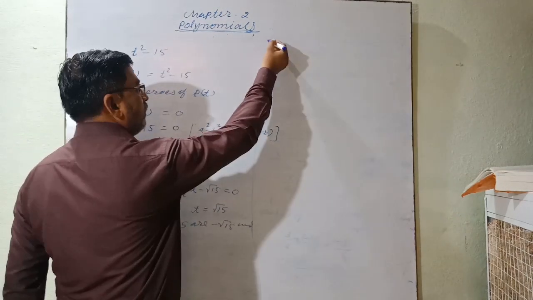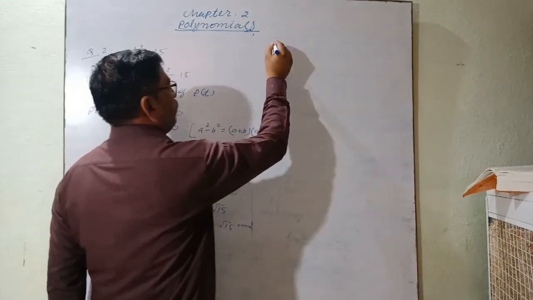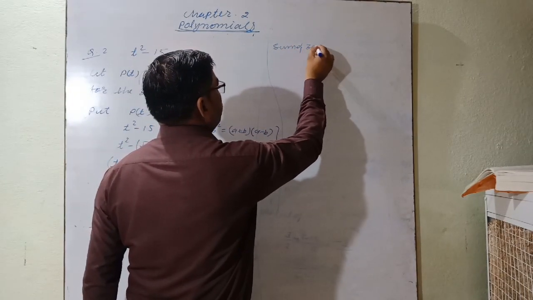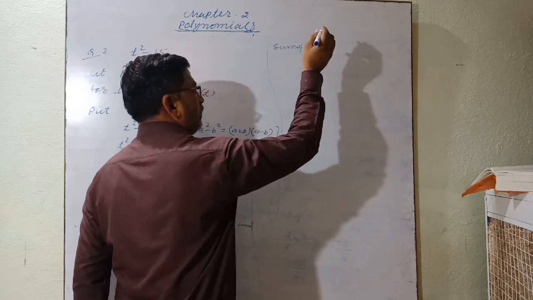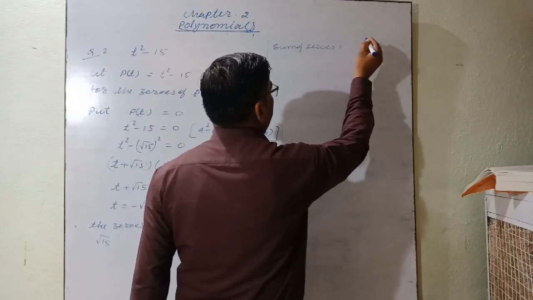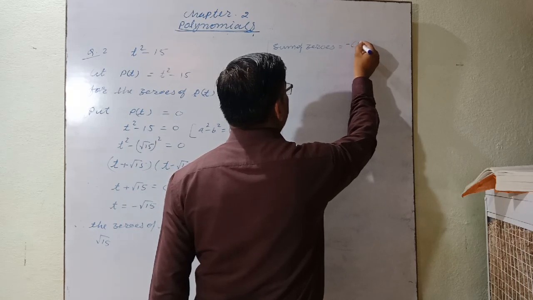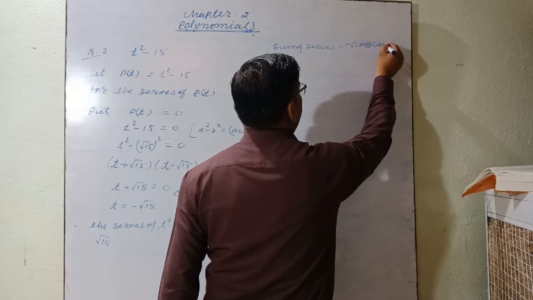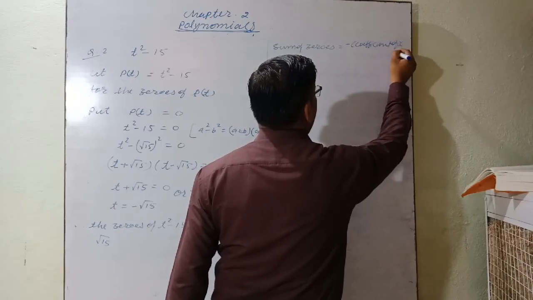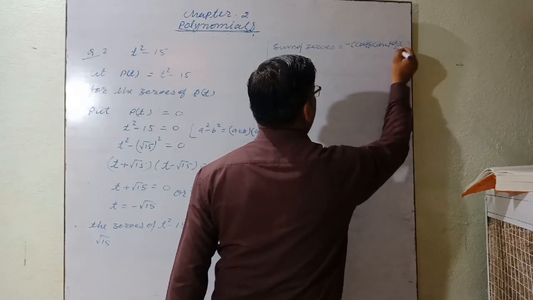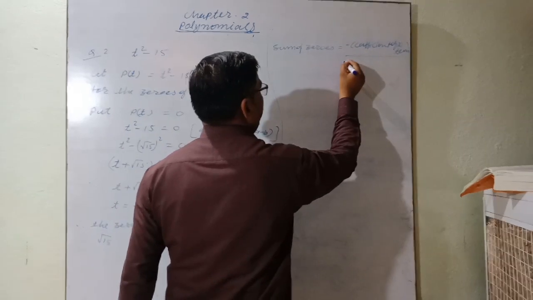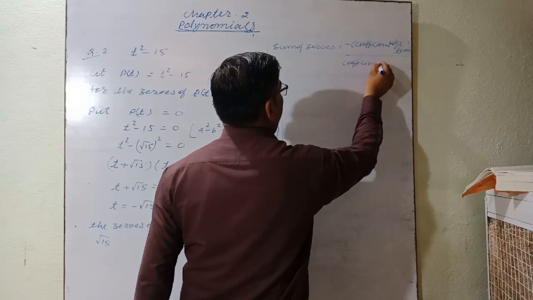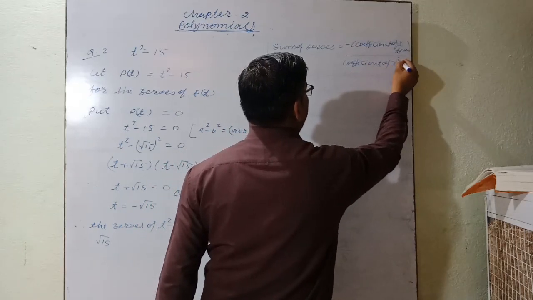Now the relation: sum of zeros is equal to minus coefficient of x term divided by coefficient of x square term.